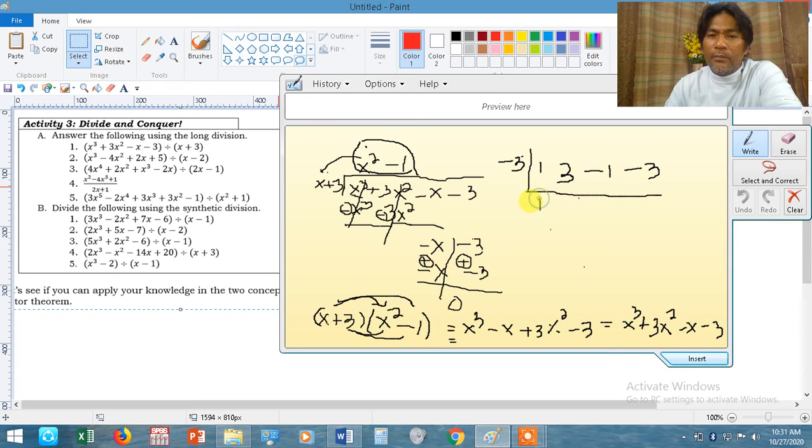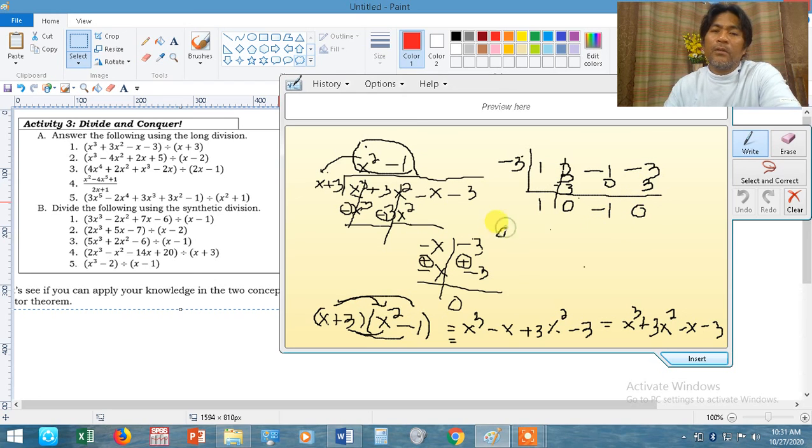Bring down 1. That's the first step. So negative 3 times 1 will give you negative 3. So this becomes 0. Look at that. We got 0 here. So 0 times 3 will give you 0. So 0 minus 1 is negative 1. Negative 1 times negative 3 will give you positive 3. And that will become 0.